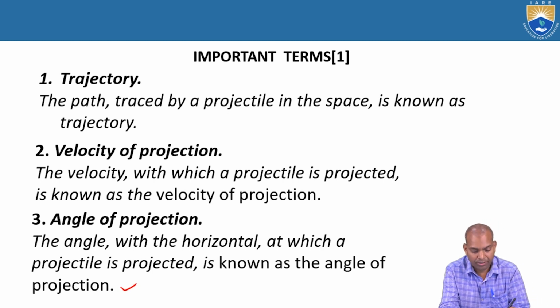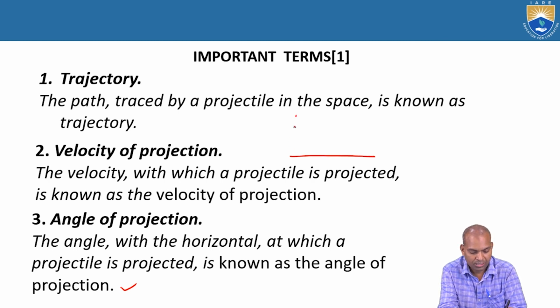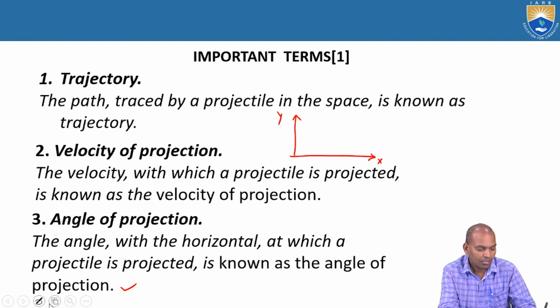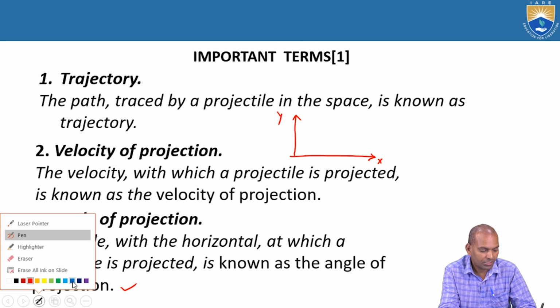How can we explain all these terms? It is very simple. Here you can see the horizontal and vertical axes, the y axis and the x axis, and the path is projected here.